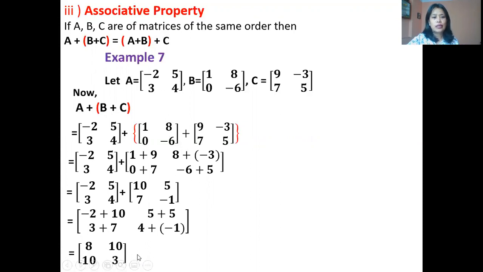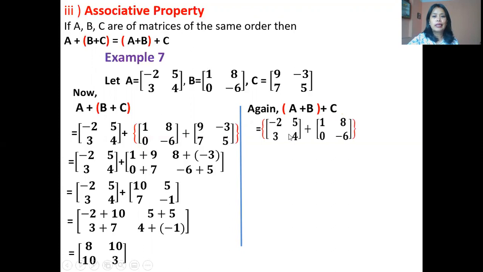So the left hand side we worked. To verify this associative property, again we are working with the right hand side, that is (A plus B) plus C. Here A plus B must be added first.